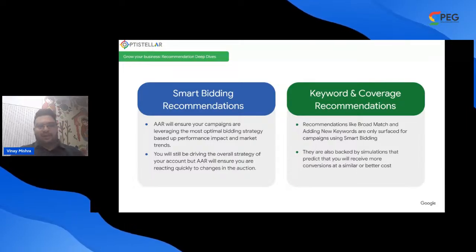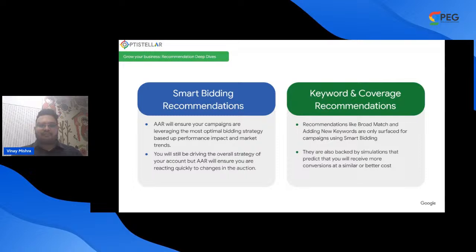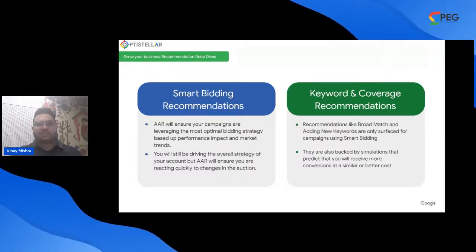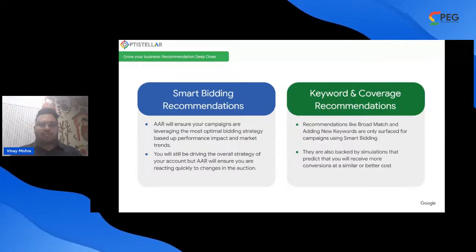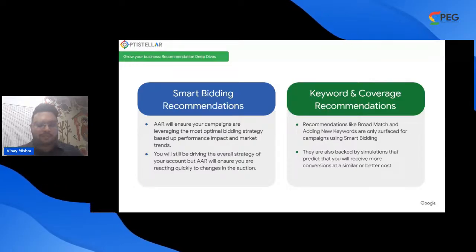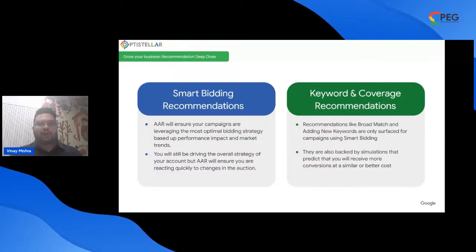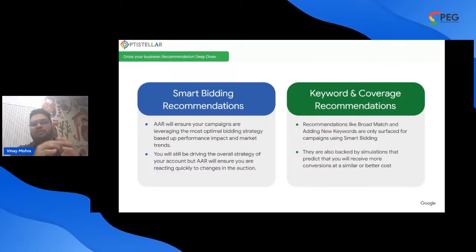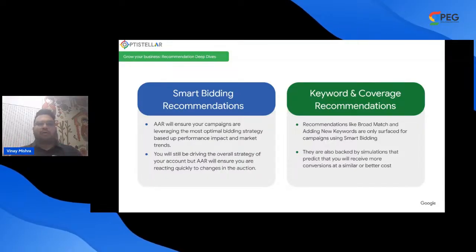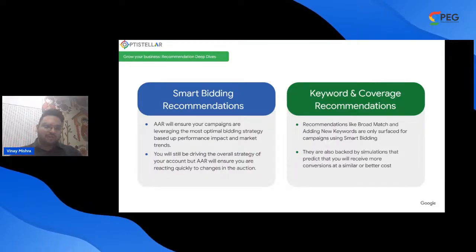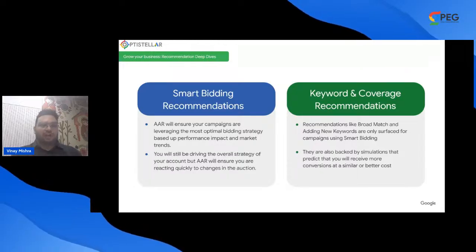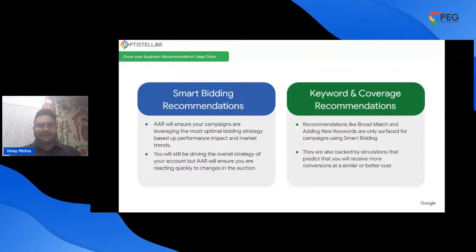And with that being said, the keyword recommendations, the combination that I've been mentioning a lot lately: broad match and adding new keywords. Imagine, as I've mentioned, the users are searching differently for a particular product or service every time. With broad match, it helps you capture the existing users and, at the same time, the new trends.